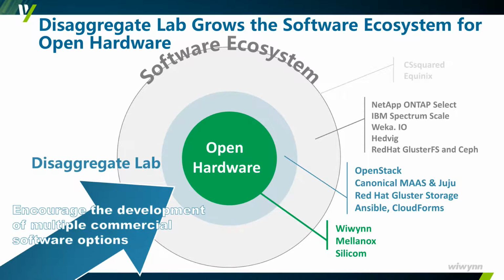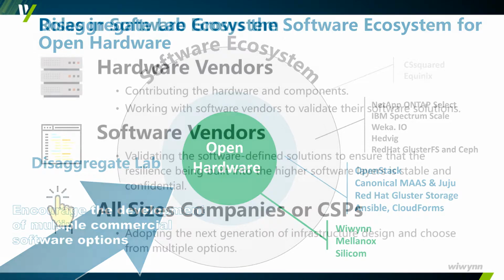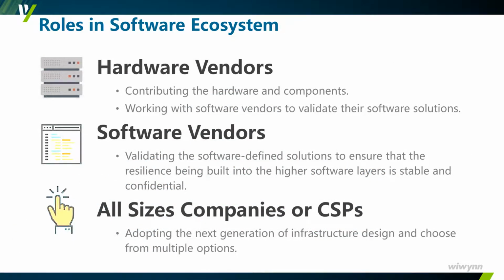To build a full ecosystem which includes both hardware and software is the vision of the Disaggregate Lab. To make the ecosystem better and stronger, each party needs to put in participation and effort. For open hardware, there are vendors such as Wiwynn, Mellanox, and Sitecom. For OS and software providers, there are OpenStack, Canonical, MAAS and Juju, Red Hat Gluster Storage, Azebo, CloudForms.